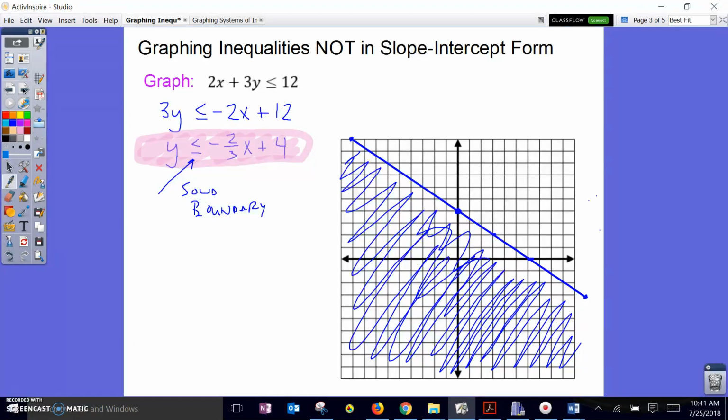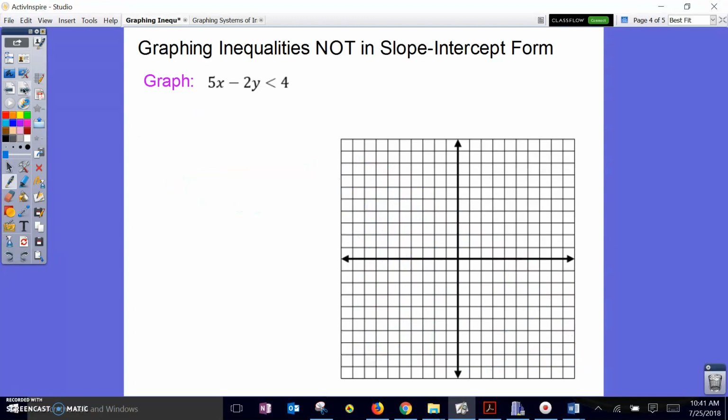Next example. 5x minus 2y is less than 4. Alright, so I want to convert this over to slope-intercept form. I'll subtract 5x from both sides. That's negative 5x plus 4 over on the right. And then I need to divide both sides by negative 2.